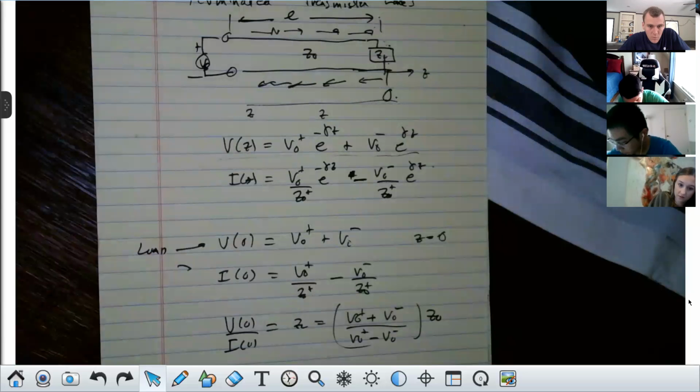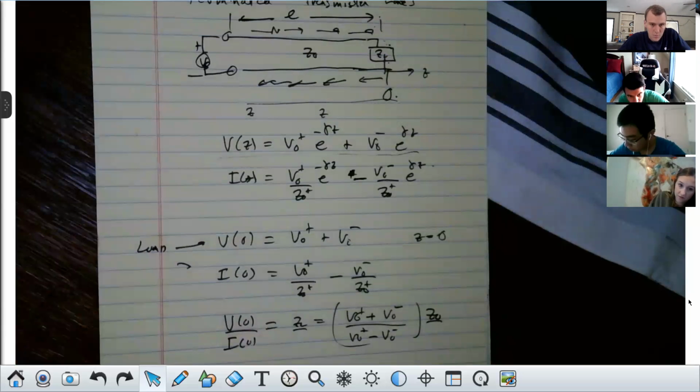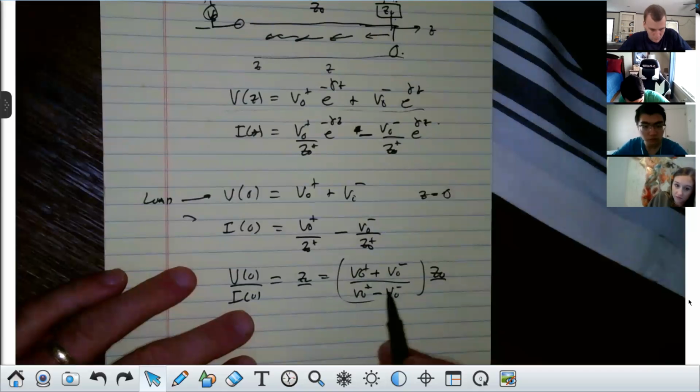Now, remember, that's the load, that's Z0. Now what I can do, and for sake of time, I'm not going to monkey around with this too long, I could rearrange this. First thing I could do is divide everything by V0 plus.